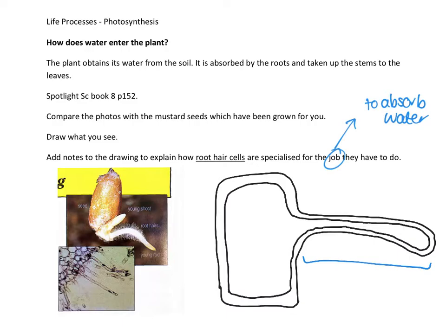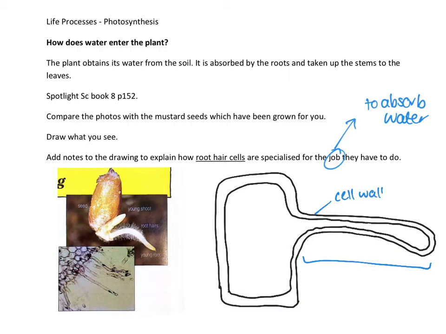And that's what it looks like because it has these projections to give the cell a larger surface area to absorb as much water as possible. In other words, it's maximising the area that the root hair is in contact with the soil, so therefore it's going to be able to take more water into it. So this is just the basic outline of the root hair cell, and so you can label, you've got your cell wall.